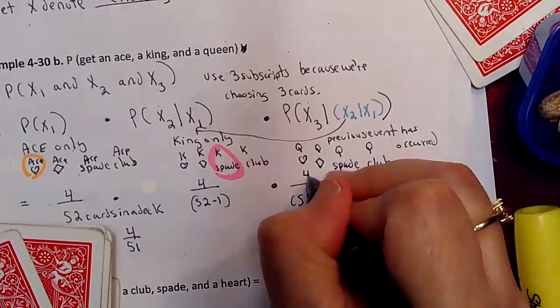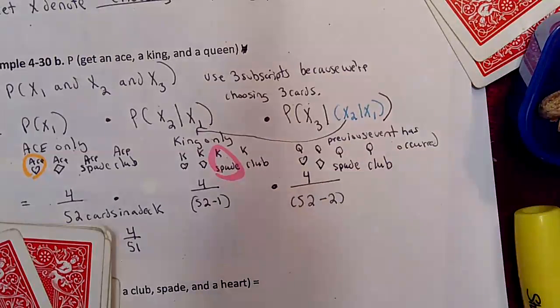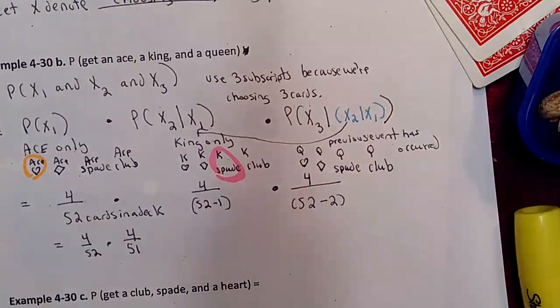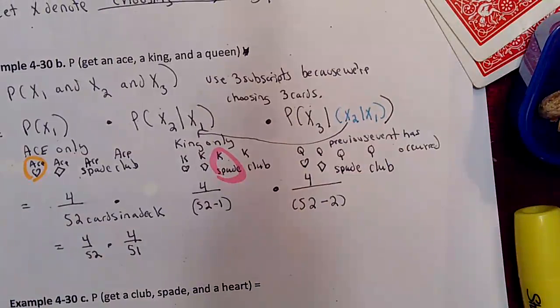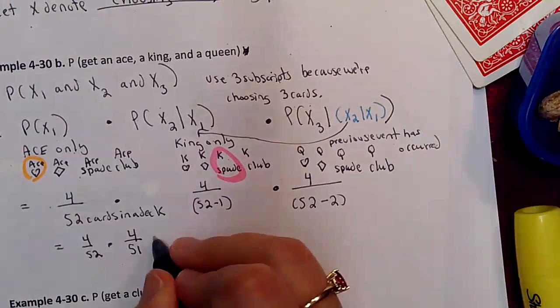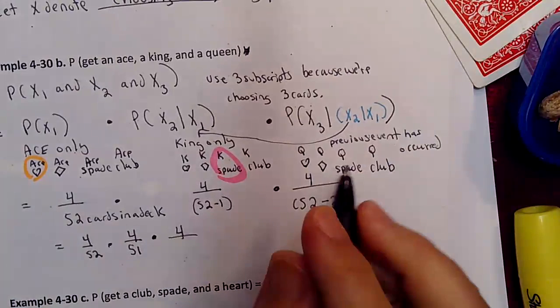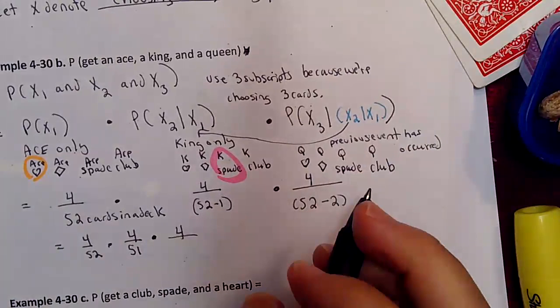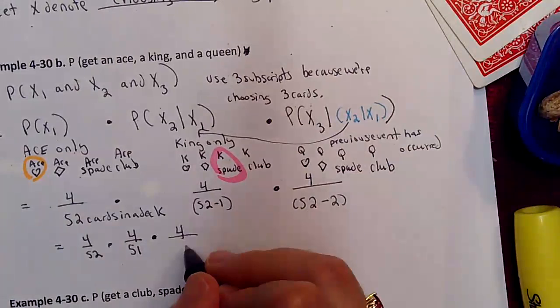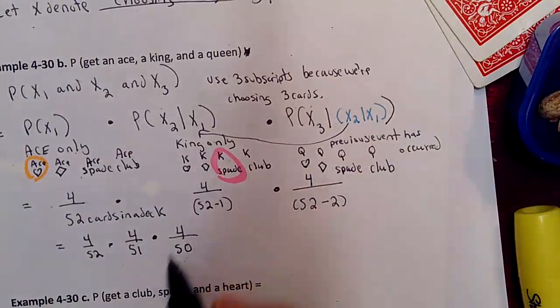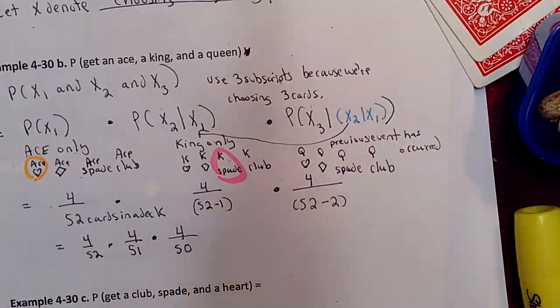So again, you have four queens to choose from, okay? So now you have 4 over, and 52 take away 2 is now 50 cards to choose from. And you're going to choose one out of that, okay?